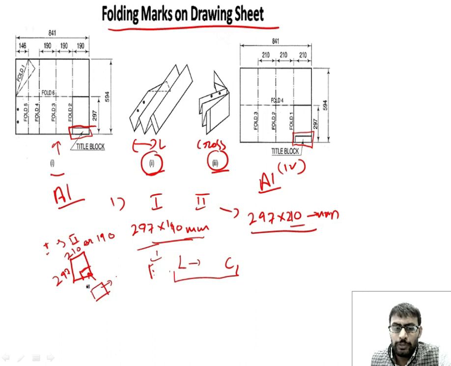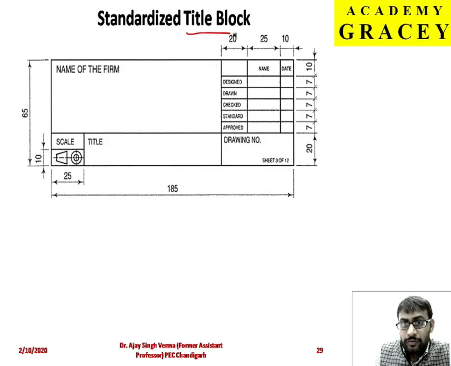So all this information is available on the title block. In an industry or a record room, there are a number of drawings. So how do we identify that this drawing is a particular part? We will not disassemble these drawings one by one. With the help of the title block, we can see this drawing is a particular part drawing. So next one is the title block.